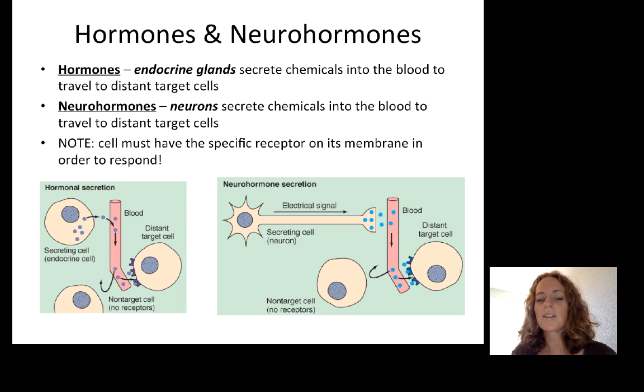Some people like to classify anything that comes from a neuron as a neurotransmitter. Here we're getting a little more specific because they go into the blood and affect long-distance targets. We're going to consider them to be another class of hormones or neurohormones. Again, just like the endocrine type hormones, the target cell has to have a receptor to respond to that chemical.